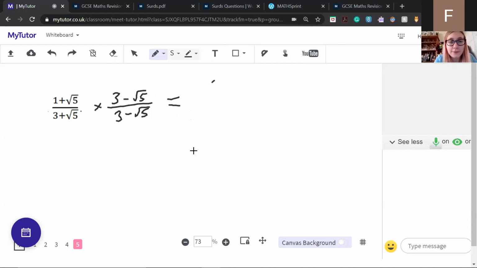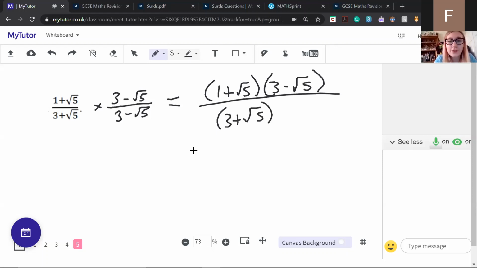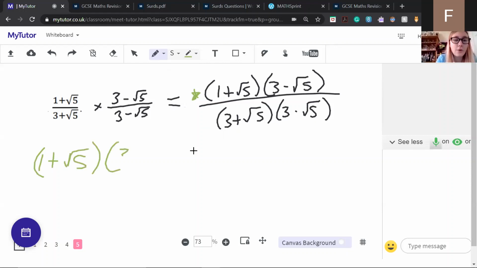So this is going to be 1 plus root 5, 3 minus root 5, over 3 plus root 5, 3 minus root 5. So let's think about the top first. Let's think about the numerator. We've got 1 plus root 5 times 3 minus root 5.